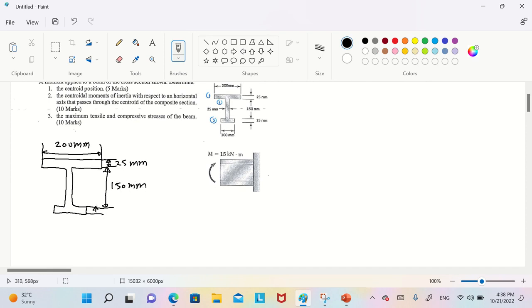Here's the same as the top one, 25 millimeter. To here also 25 millimeter, and here 100 millimeter.